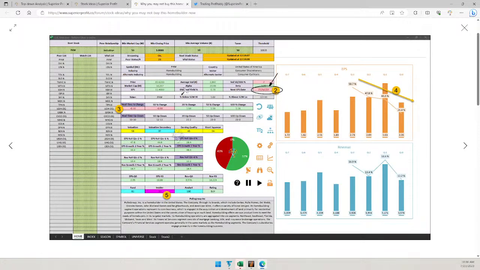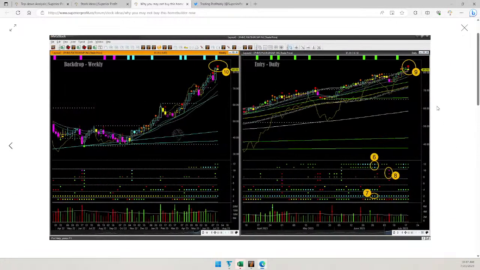Not out yet. What is the nearest expiry after earnings? That was and is 27th July. So I bought a put option on PHM expiring 27th July, just after earnings.